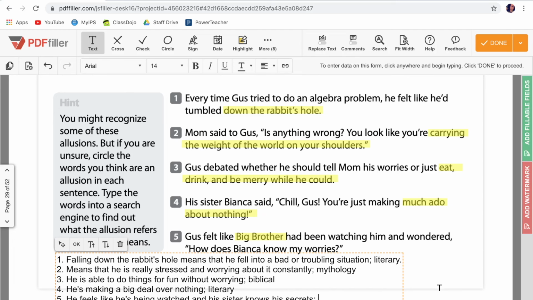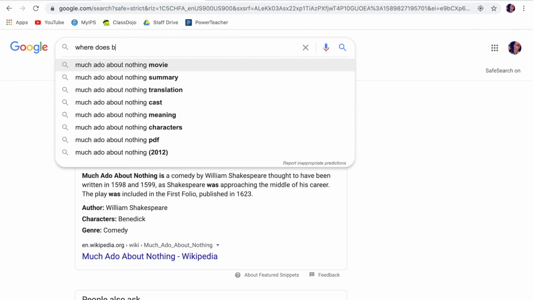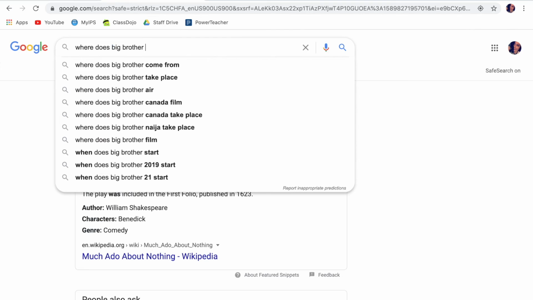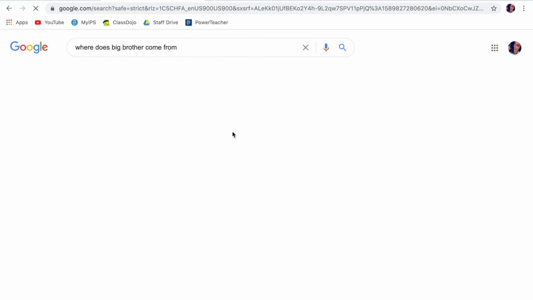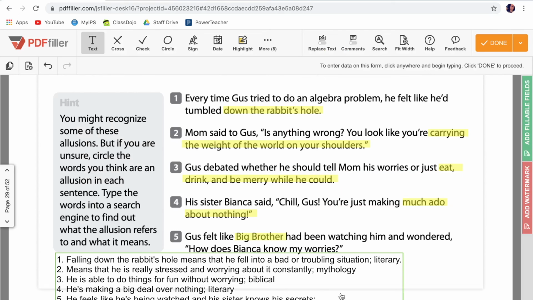That's what Big Brother is. It's like Big Brother's always watching. So where does Big Brother come from? It's probably just going to give us the show. No, it didn't. So the term Big Brother originates from George Orwell's novel 1984. So again, we have another literary allusion.